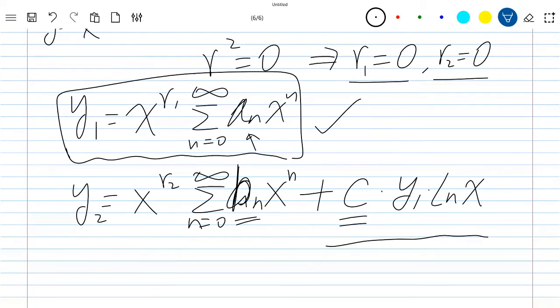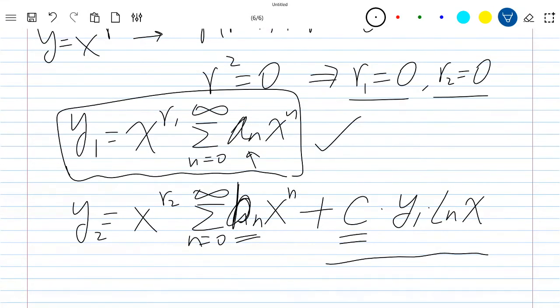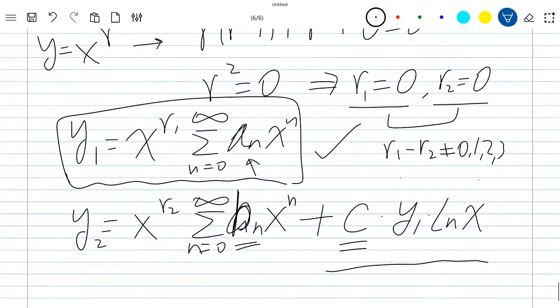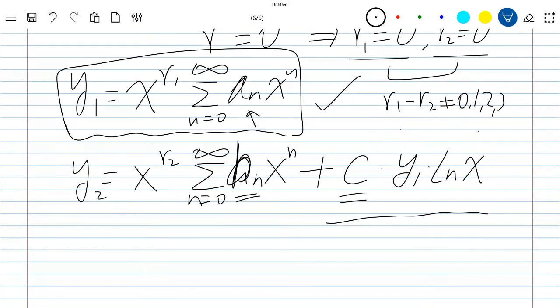Oh, let me say it again. So if r1 and r2 are such that the difference, r1 minus r2, is not 0, 1, 2, 3, etc., then you can find out y1 and y2.